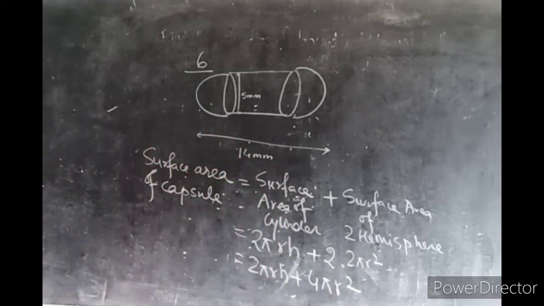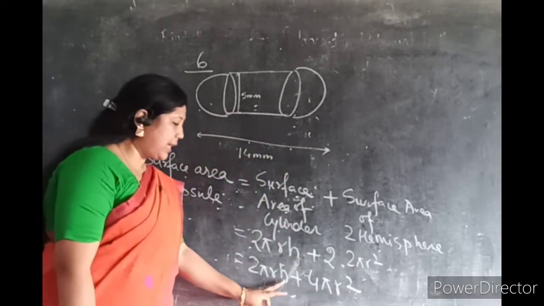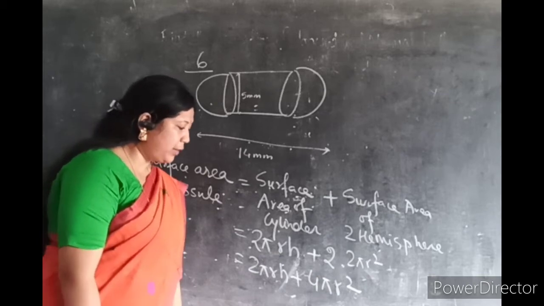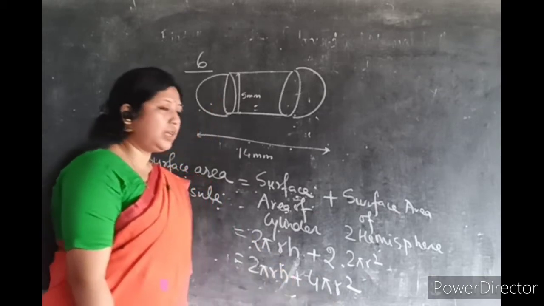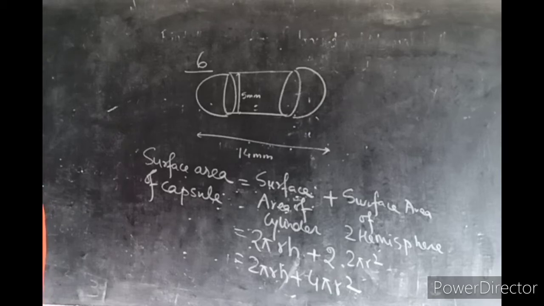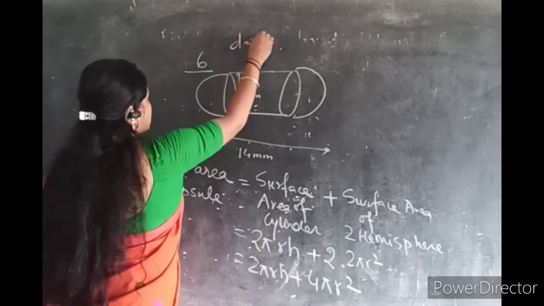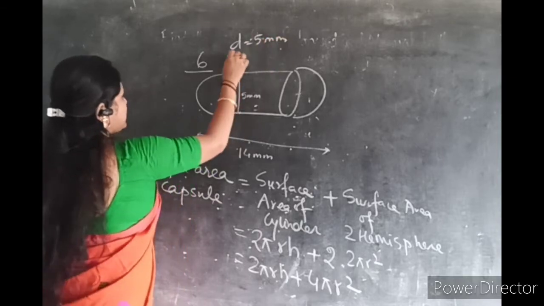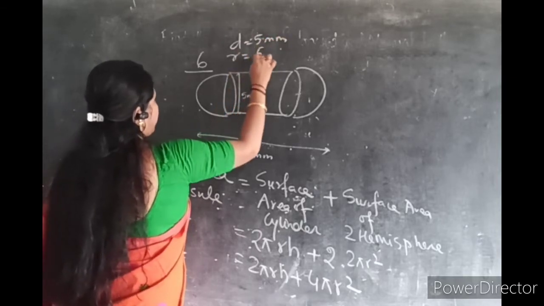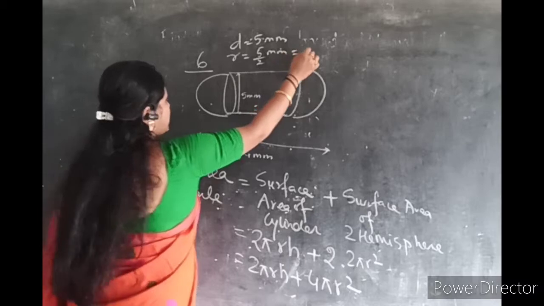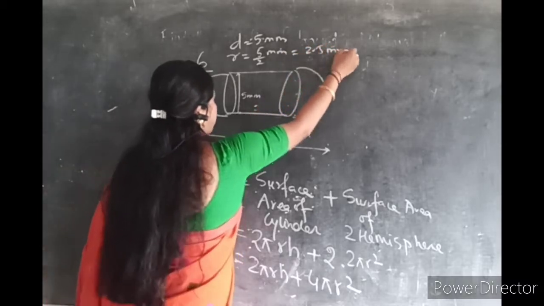So what are the parameters we require? We require the radius and height of the cylinder, and we require the radius of the hemispherical ends. So as you can see here, since your diameter is 5 mm, that means your radius will be 5 by 2 mm, that means 2.5 mm.